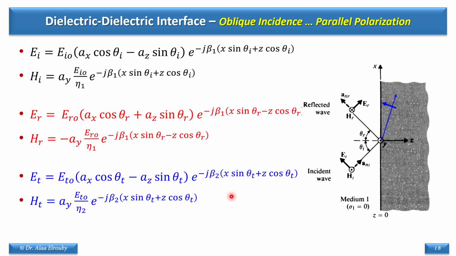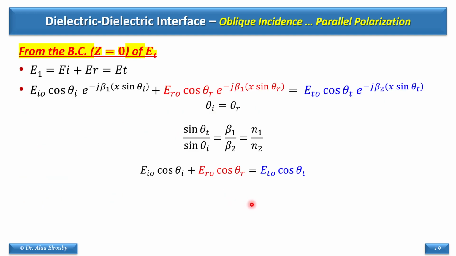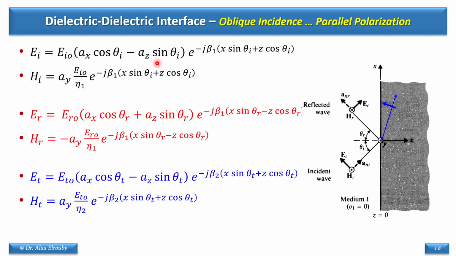We continue with the same approach, writing the boundary condition for E tangential, and E1 will equal E incident plus ER. Here we need to find E tangential. E tangential is the X component only. So here we take the X component of E incident, the X component of E reflected, and the X component of E transmitted.